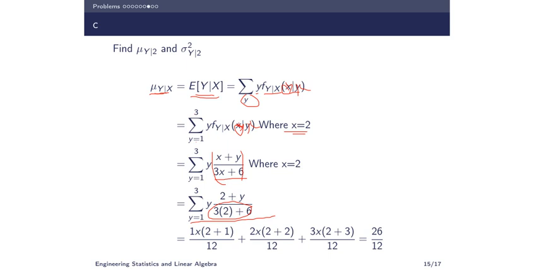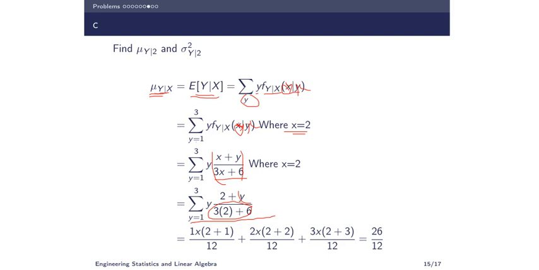Next y is 2: 2 into (2 + 2) divided by 12, and y equal to 3: 3 into (2 + 3) by 12. That will be 26 by 12. This is mu y given x that we have got, the mean.